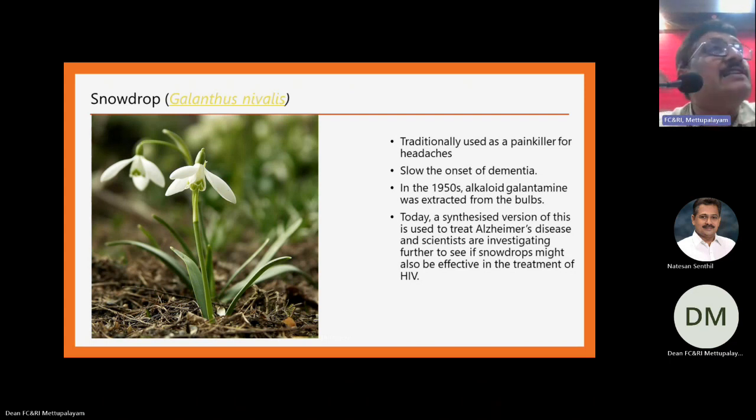A lot of research is going on utilizing this drug for various diseases like Alzheimer's and Parkinson's, wherein the memory system and your motor control are affected. Take another example.